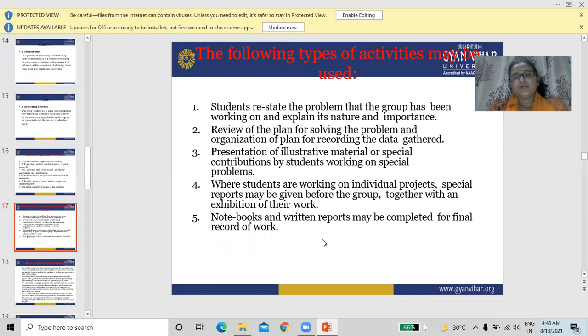Notebook and written reports may be completed for final record of work.